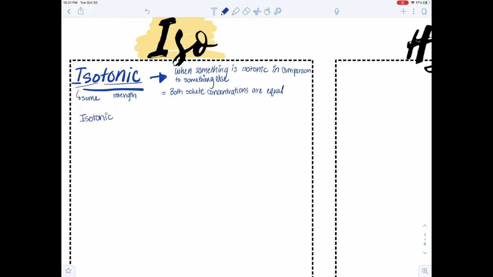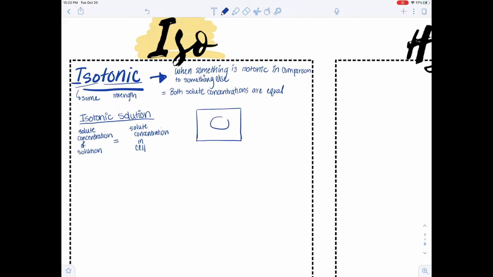Now, if we were referring to an isotonic solution, this is where our solution is what we are referring to in comparison to something else. The solute concentration of the solution is going to equal the solute concentration of our cell. So if we are comparing our solution to the cell in an isotonic solution, there will be an equal amount of solute inside the cell as the amount of solute outside the cell.